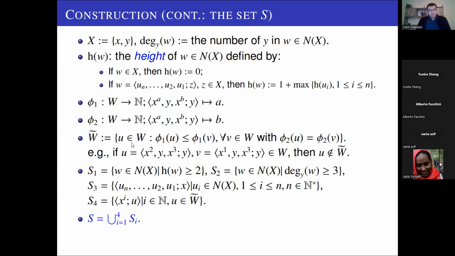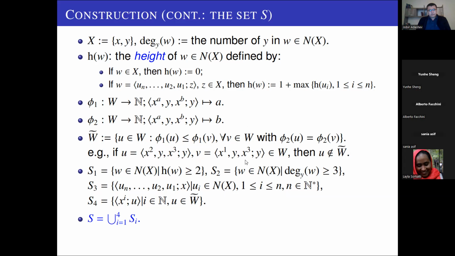In W tilde, each word U satisfies the condition: for any other word V in W, if U and V have the same B, then U must have at most the same number A as V.